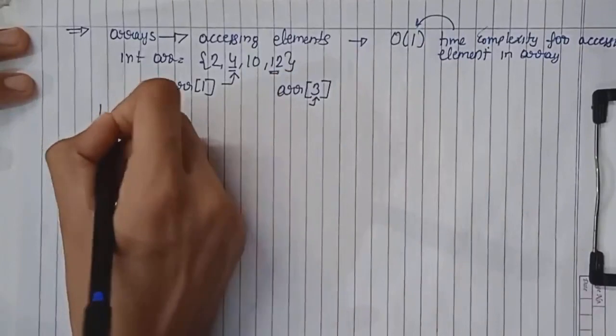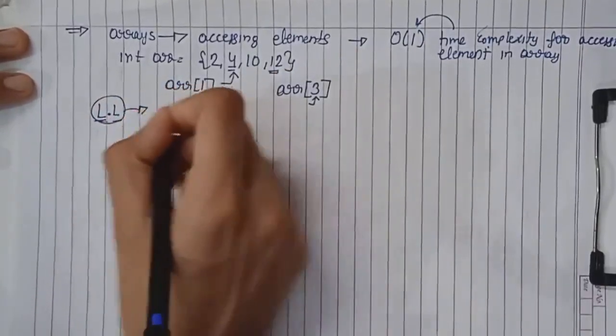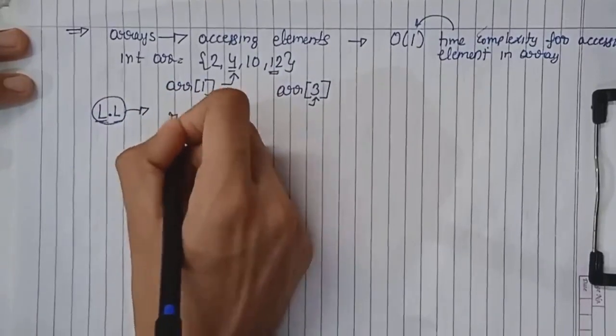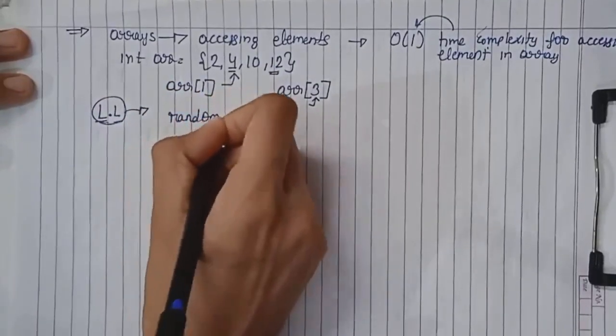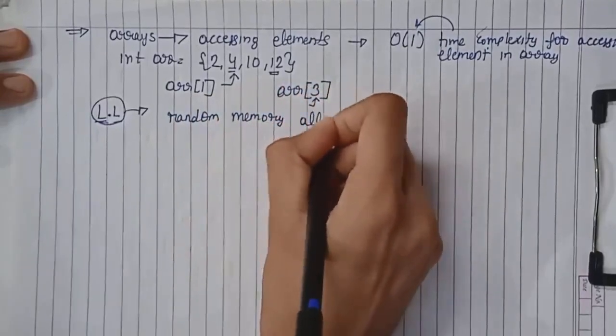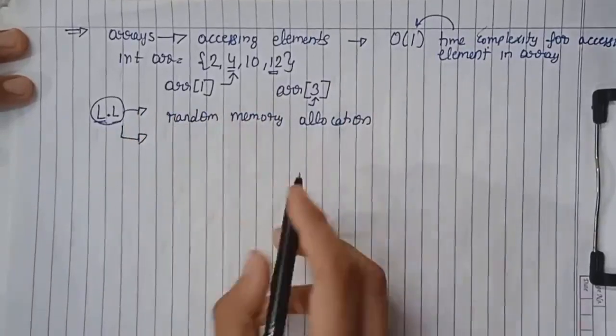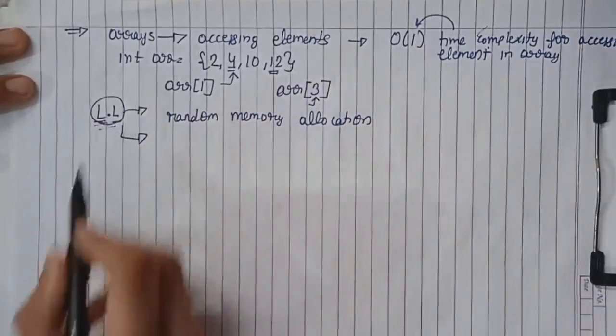But in case of a linked list, since there is random memory allocation, direct access is not possible in a linked list.